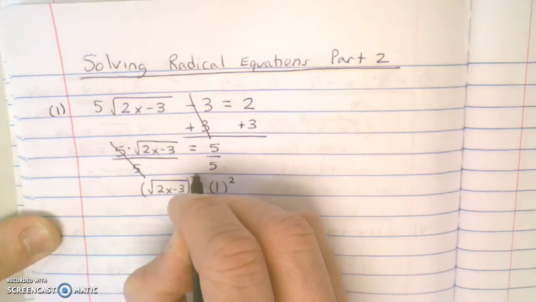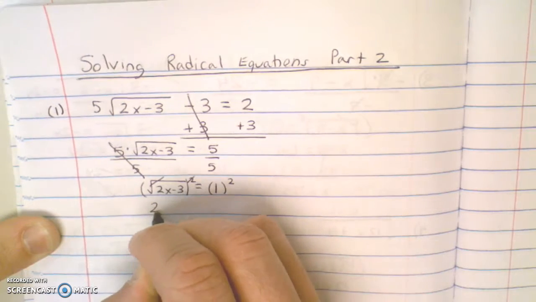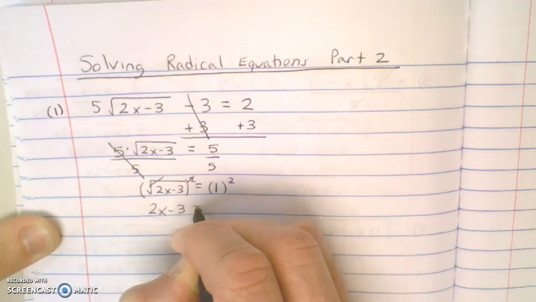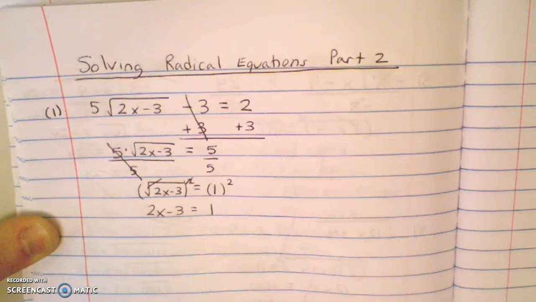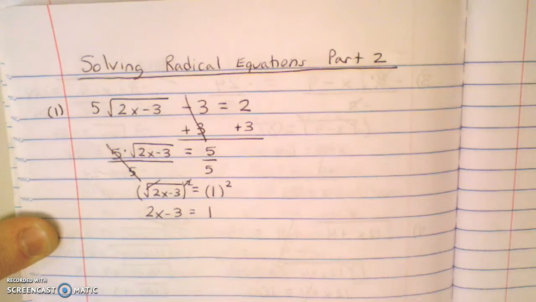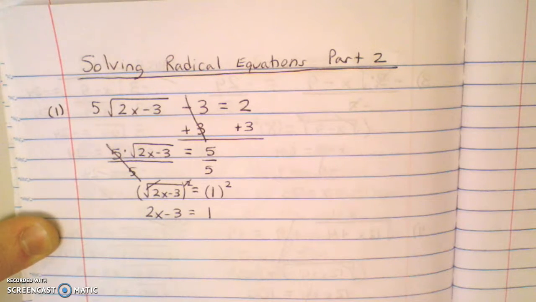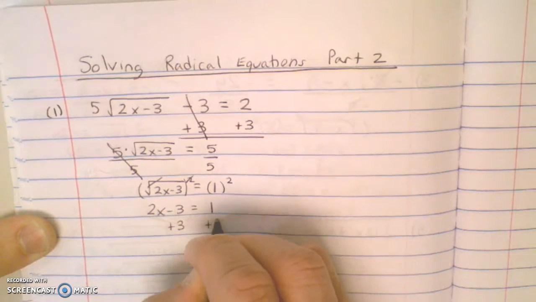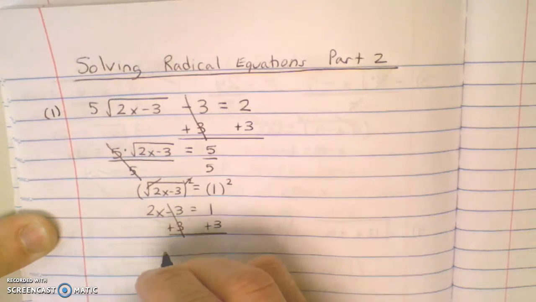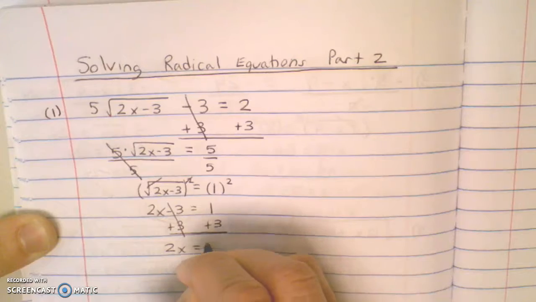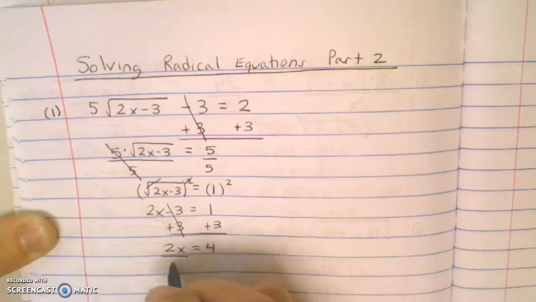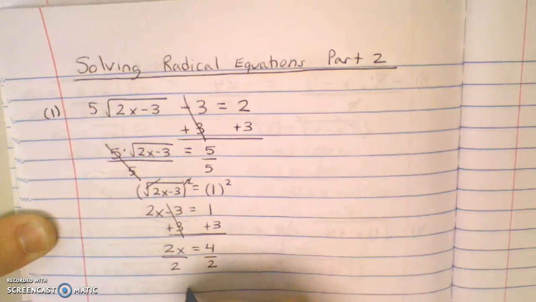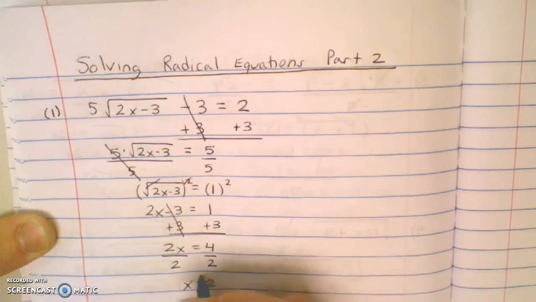So remember, the square and the square root cancel, so I've got 2x minus 3 equals 1. And now it's just a plain old equation that you should be used to solving. Undo again by adding 3 to both sides. 2x equals 4. And now divide by 2. x equals 2.